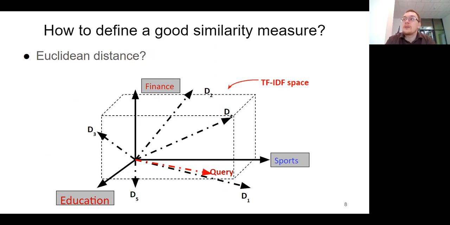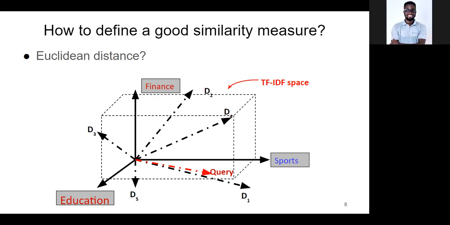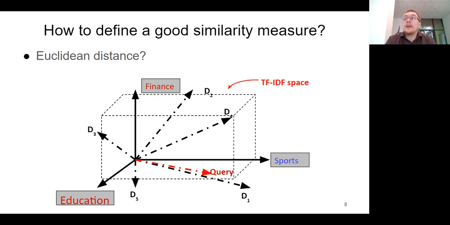Why not Euclidean distance? This is three-dimensional space. Easy to work with angles here. Yeah, I mean computing angles is easy in any space.